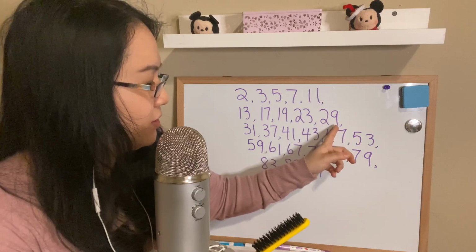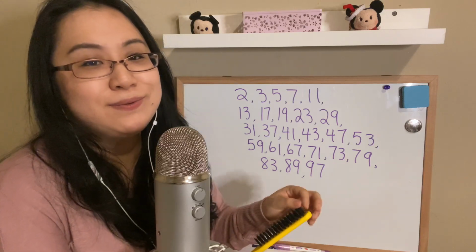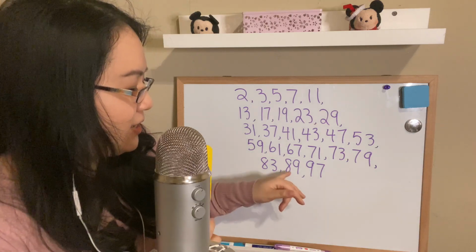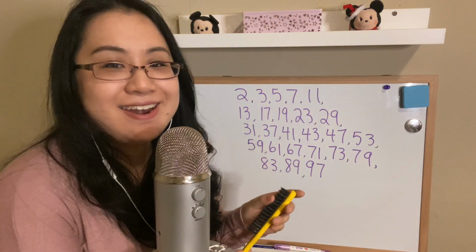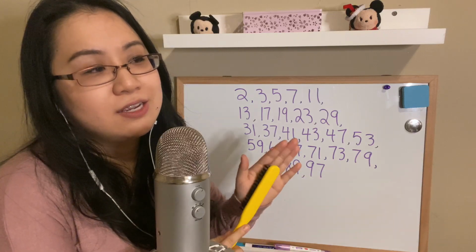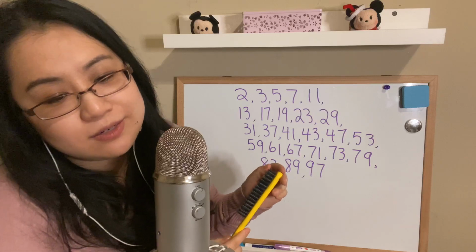Okay, that's good. 88 is 8 times 11, so 2 cubed times 11. 89 is prime. 90 is 9 times 10, so 2 times 3 squared times 5.